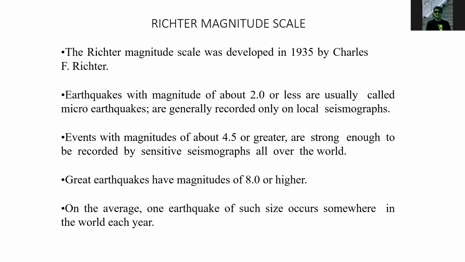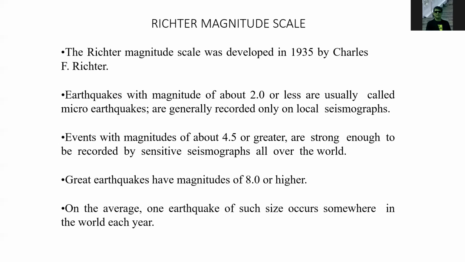Events with magnitudes of about 4.5 or greater are strong enough to be recorded by sensitive seismographs all over the world. So these 4.5 are strong earthquakes that are recorded and transmitted to data stations all over the world.